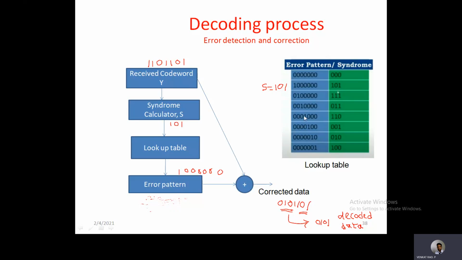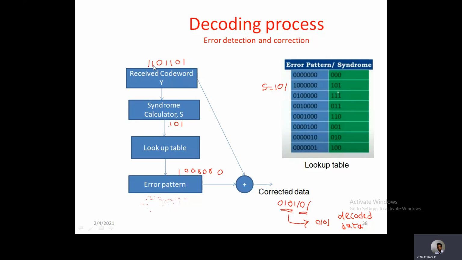Or if the syndrome vector is 0, 1, 1, it indicates an error in the 2nd bit position. Or if it is 1, 1, 1, there is an error in the 2nd bit position. Similarly, if the syndrome vector is 101, as already calculated, it indicates an error in the 1st bit position.